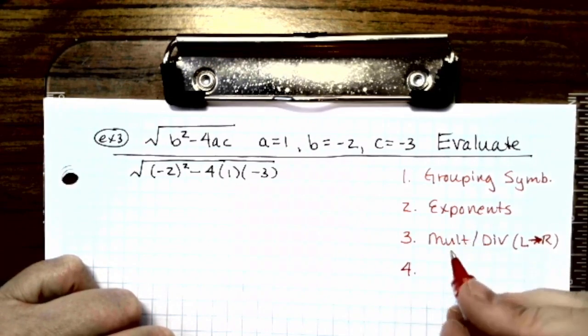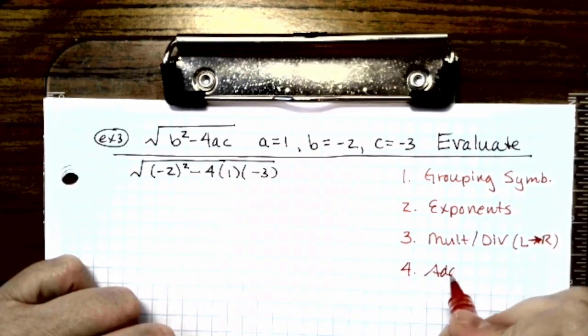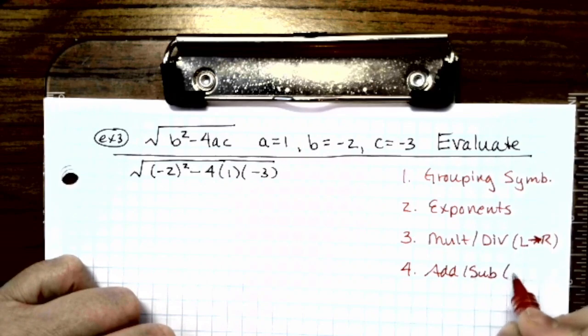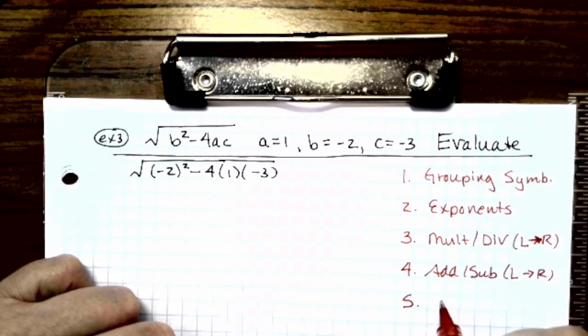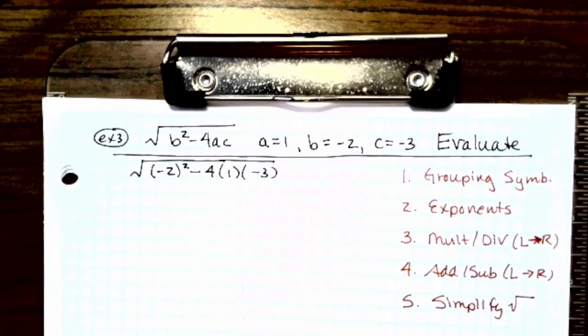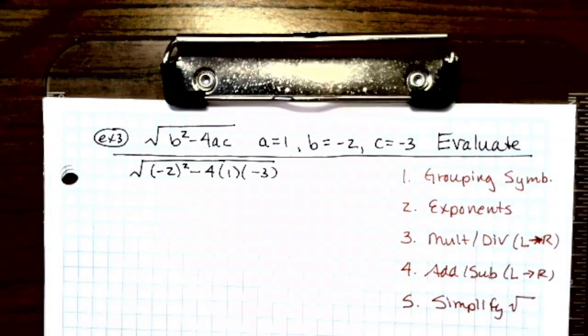And then last, you're going to add or subtract from left to right. Now at this point, if you have not already simplified the radical, you want to do that. Simplify the radical or whatever's left that needs to be simplified.